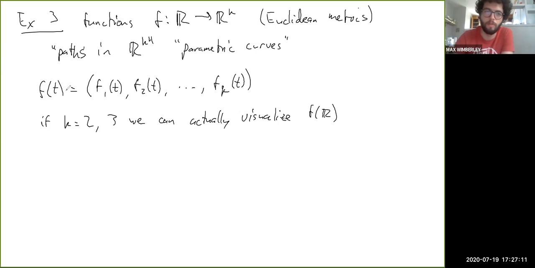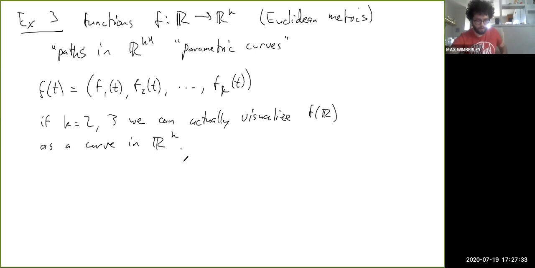But if you ignore the t coordinate and just look at all the values you get from plugging in all the t values, then the image of the real line becomes a curve in R^k.